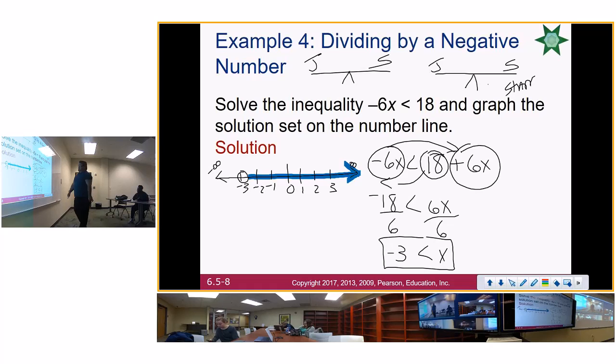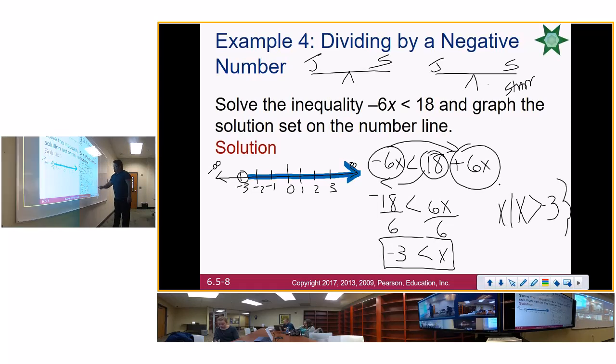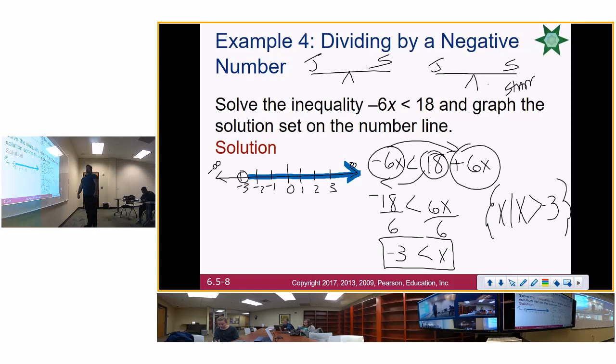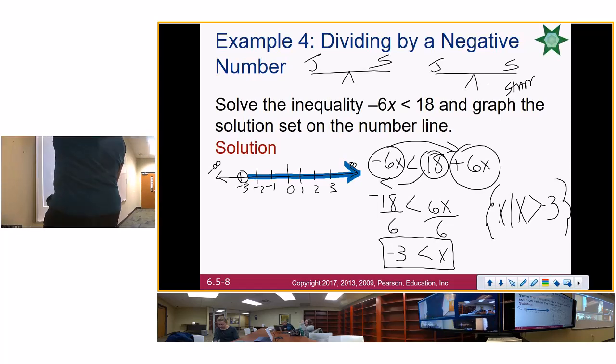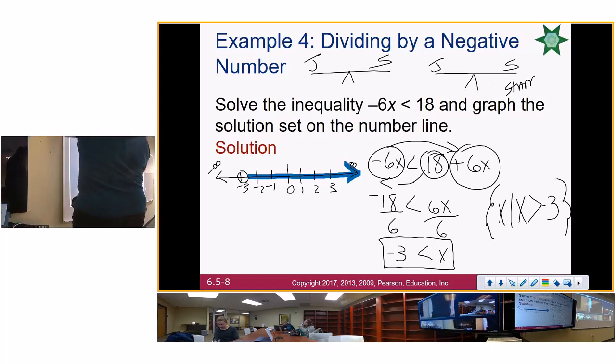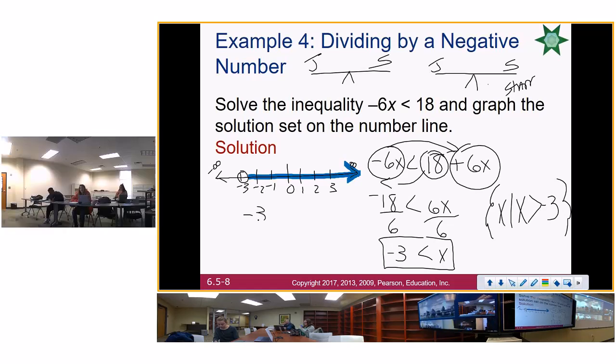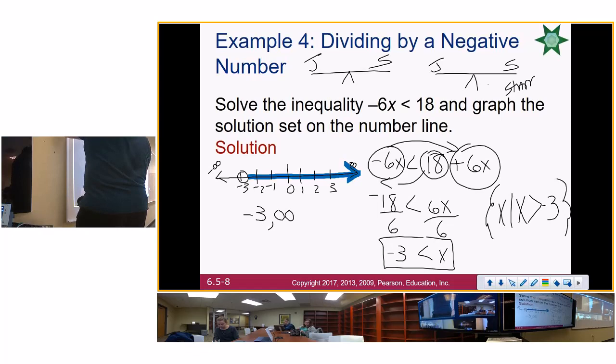So, how do you write x such that x is greater than negative 3? That's set builder notation. All right, let's read from left to right. What do we hit first? Negative 3. Thank you. And what do we hit? Infinity. What always goes on infinity? The parentheses.